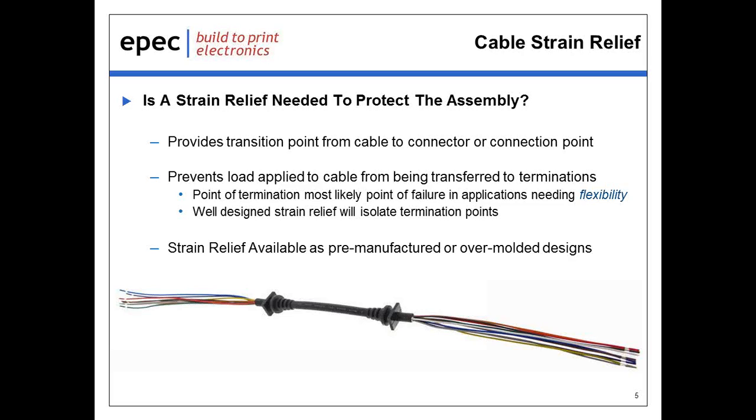What that really means is when the cable's moved or flexed, the most likely point to fail is a termination point. And a well-designed strain relief will work to isolate the termination points away from any movement of the cable. Strain reliefs are available as both a pre-manufactured and as an overmolded design, with each one having a different advantage.